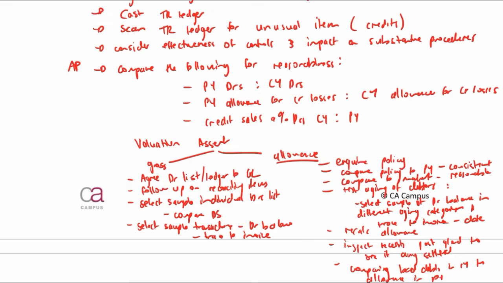I can then go and develop my own point estimate. I don't want to go too much further down, guys, because that is the actual solution. I'm just going to put here, do my own auditor's point estimate and compare to the client's estimate to see if it's reasonable.